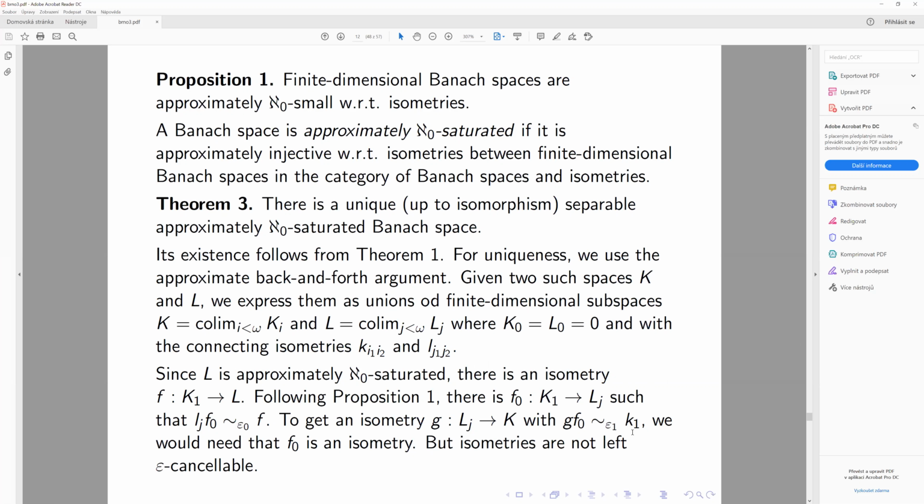And now I want to go from this L here again to K. I want to extend it. But for that I need this isometry, but it's only an epsilon isometry. So this is why this usual construction is ruined.